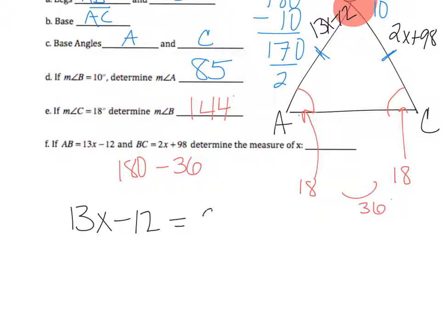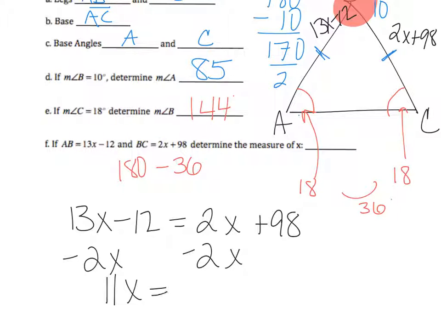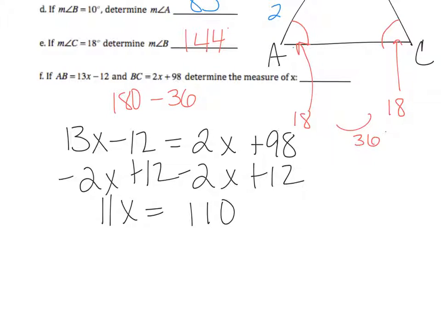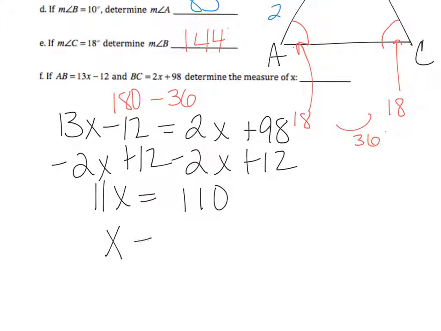So if they're equal, I'm going to set those two expressions equal to each other. Okay, so just making sure I'm going to answer my question. It says determine the measure of x, and I found that x was 10.